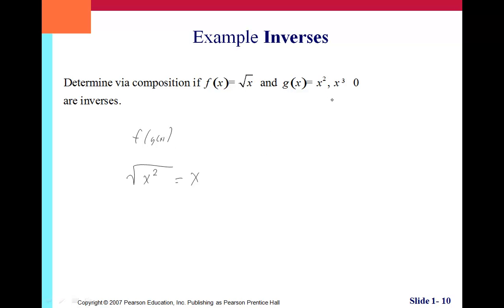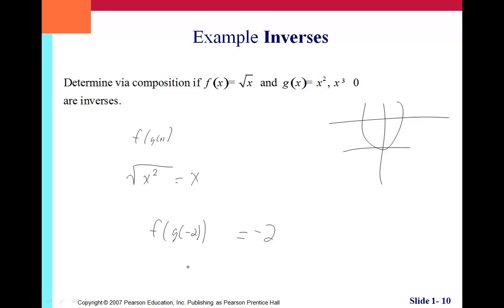Keep this in mind. Think of the function x squared. That is not a one-to-one function, is it? See, it fails the horizontal line test. Now watch this. Let's do a specific case instead of just a general one. What if you did f of g of -2? Well, if these are inverses of each other, it should spit back out the value -2.